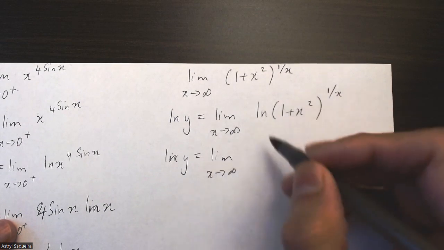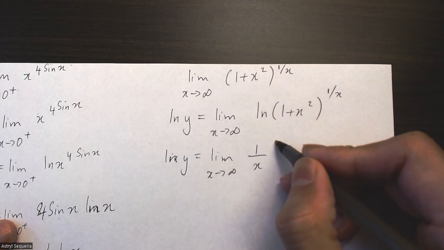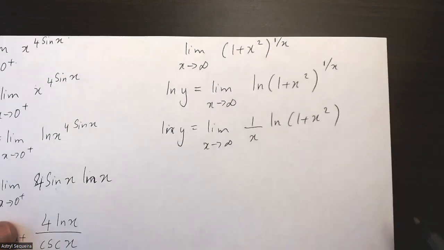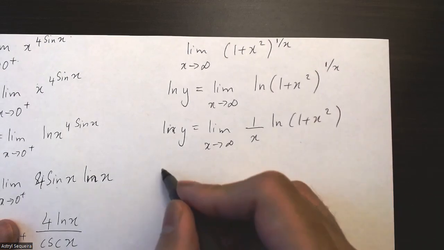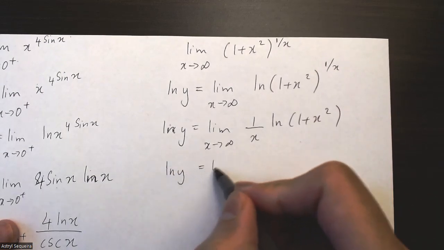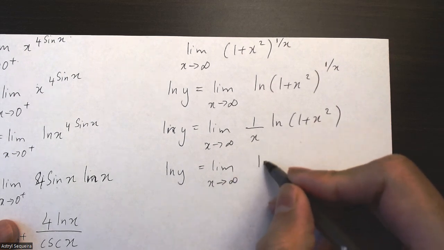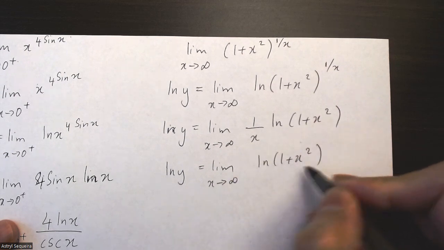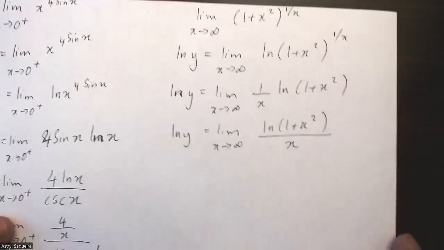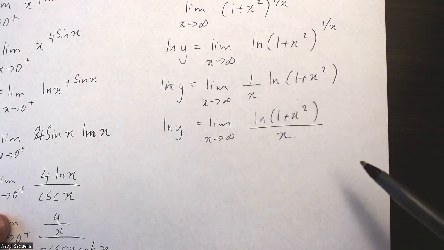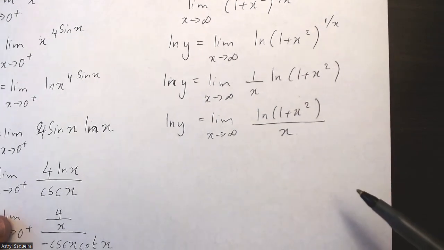Continuing here, I'm going to bring my exponent down. Then I can just simplify this and rewrite it. If I sub an infinity here, there's no point because I'll still have infinity divided by infinity, which is the L'Hopital's case again.